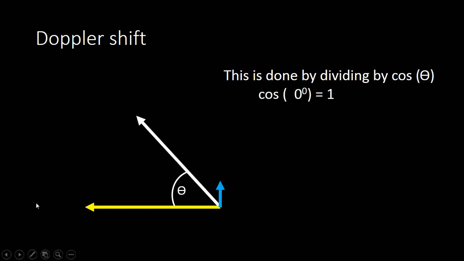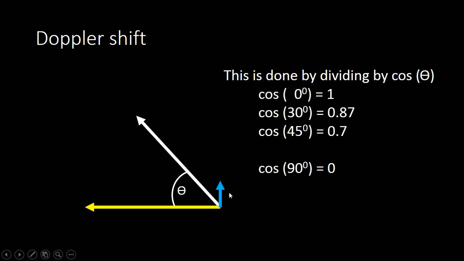So if you were able to take an ultrasound image of something moving directly at the probe, you would not need to angle correct that measurement. If you attempt to take a measurement of something moving at 90 degrees from the probe or perfectly perpendicular to the probe, the cosine of 90 is 0, and therefore we will not be able to accurately measure velocities of objects moving at 90 degrees with respect to the probe.